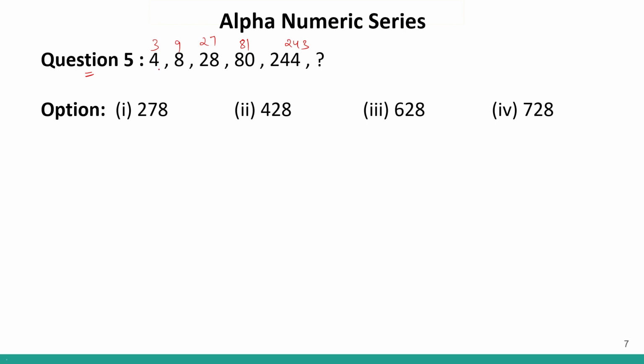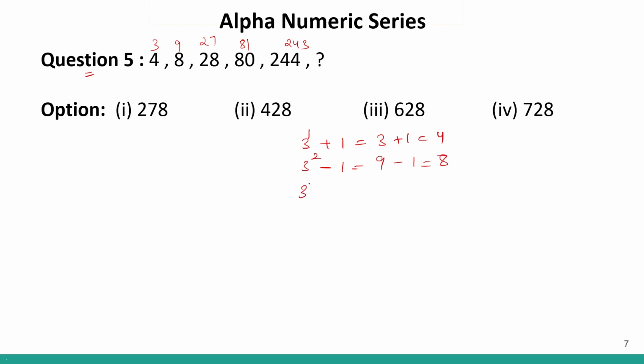So basically, I see 3 raised to the power 1, that is 3, plus 1 gives me 4. Similarly, 3 raised to the power 2 is 9. 9 minus 1, that is 3 raised to the power 2 minus 1, gives me 8.